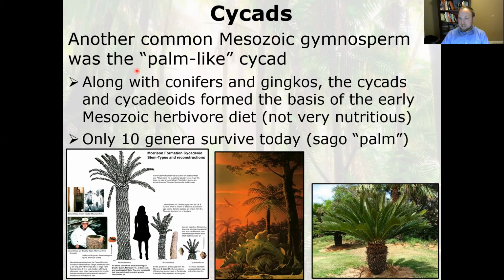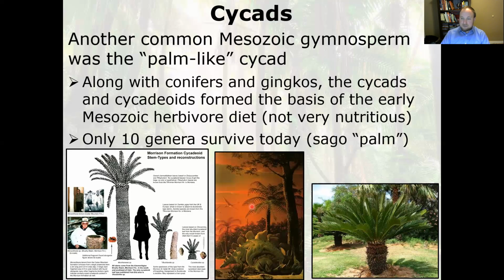And so there's a little bit of a debate about how the very early large Jurassic herbivores were able to sustain themselves. Only 10 genera of these survive today, but when we look at dinosaur art renderings, we see a lot of these cycads. They form the basis of the Mesozoic food pyramid, but they're not very nutritious.